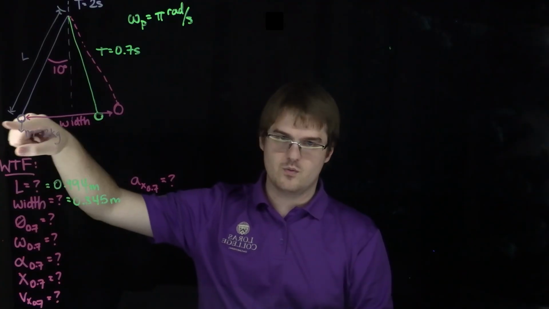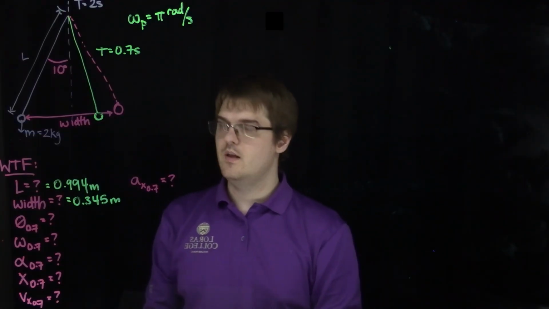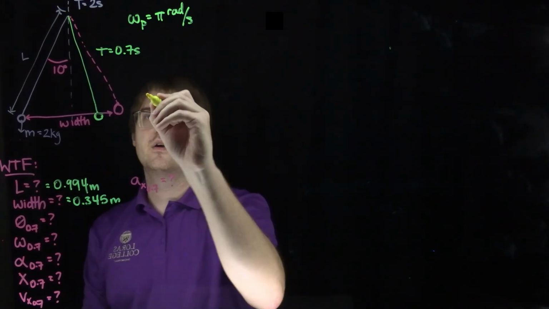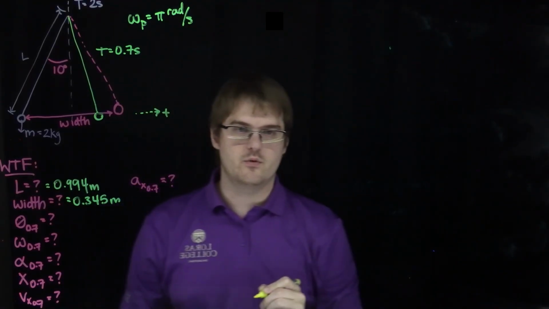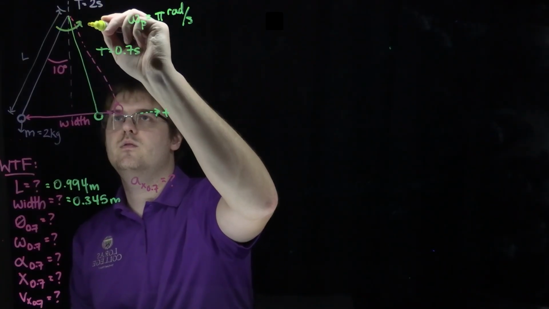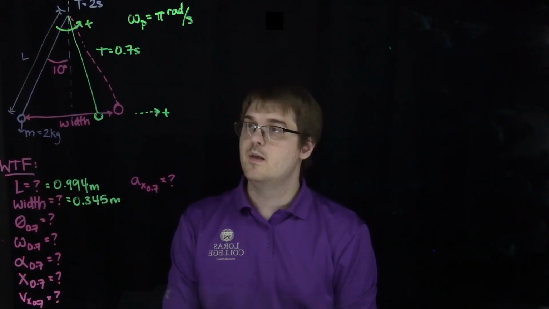As we go right to left, we're going in the negative direction. Can't be the same number. And speaking of which, I am going to mark that everything to the right is the positive direction. Everything rotating this way, I'm going to be calling the positive direction of rotation.